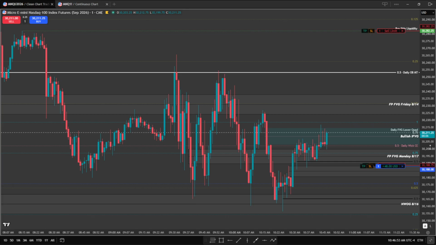It touched the high first presented and snapped off of that. Okay, there's a body above the midpoint of this inversion. That's really good progress being made there.